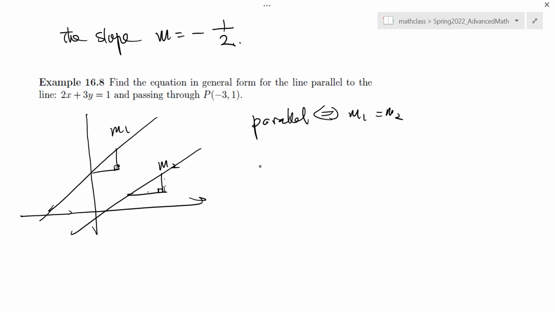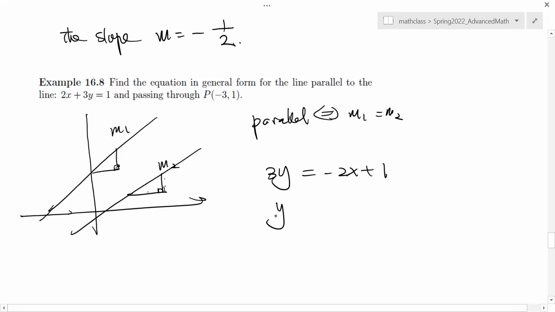So using this fact, you can solve this problem. The line is parallel to the given line, so you have to find the slope first. So 3y equals negative 2x plus 1, so y equals negative 2/3 x plus 1/3.